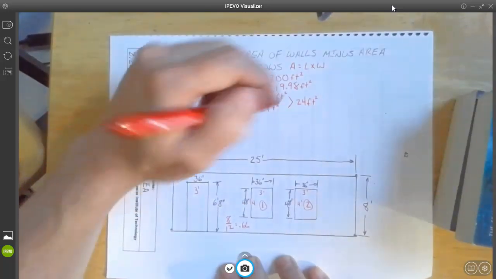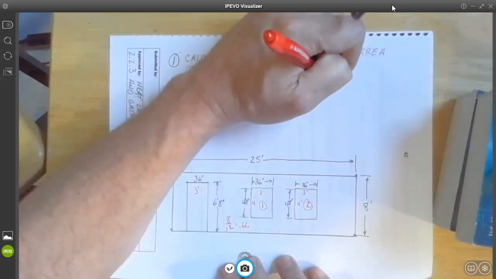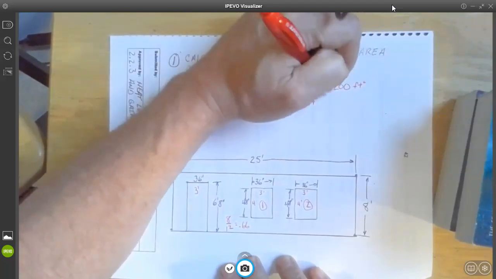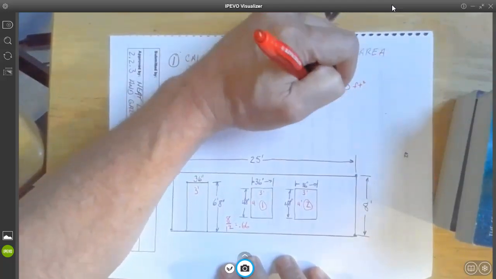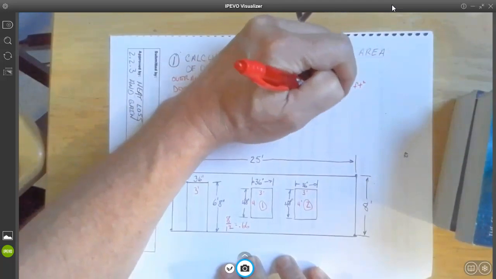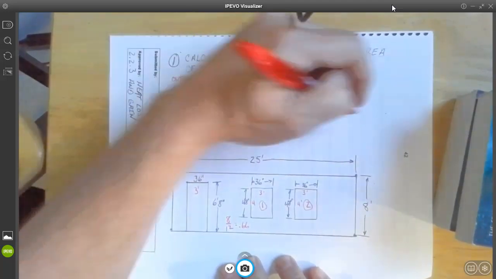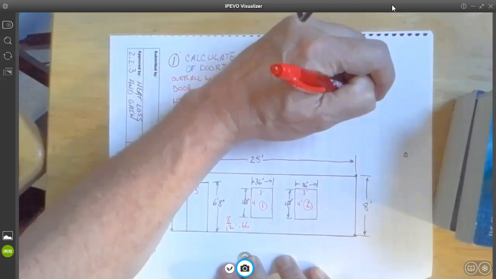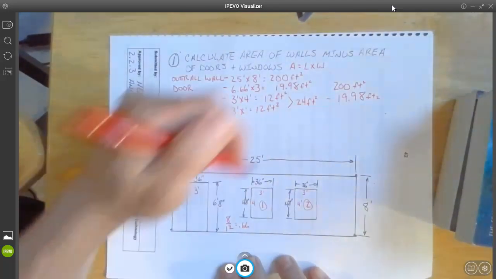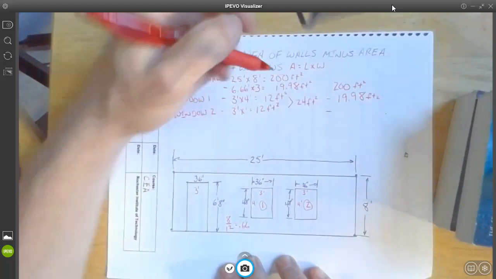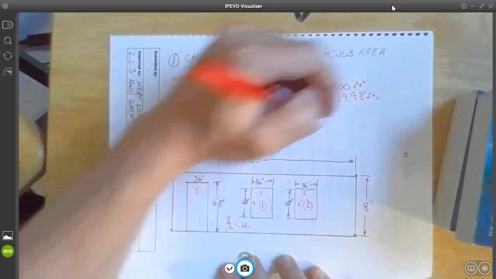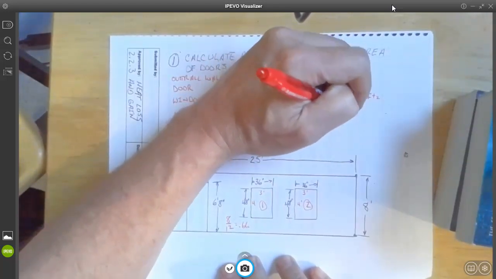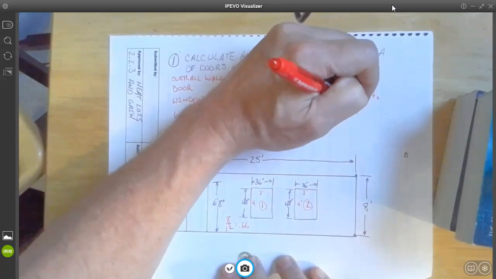So I'm going to take my 200 feet squared minus 19.98 feet squared minus the 24 feet squared.